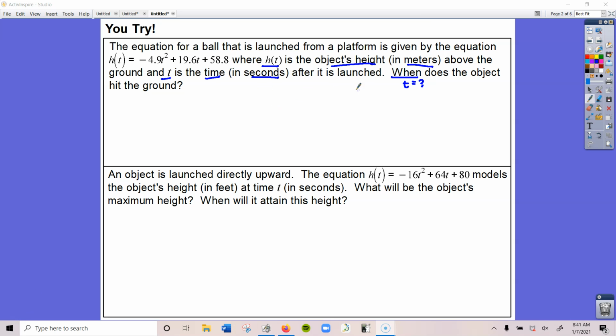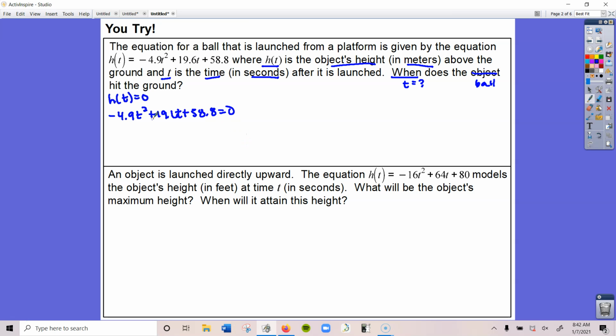Now keep in mind that the ball is going to hit the ground when h of t, the height of the ball, is equal to 0. So just like the previous problem, we're going to take the quadratic equation and make it equal to 0.